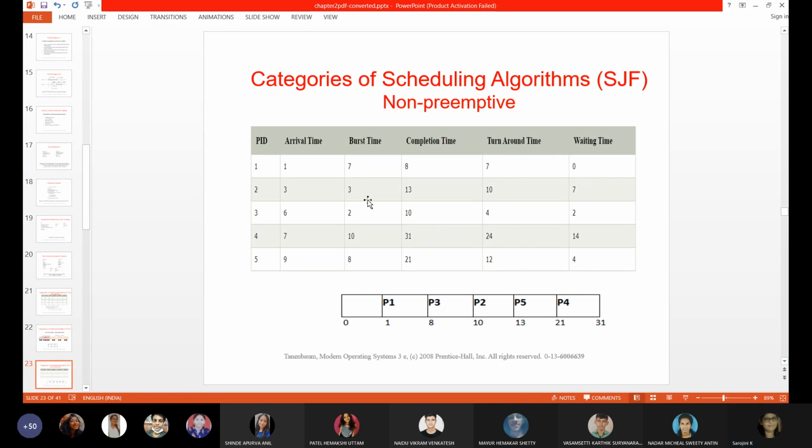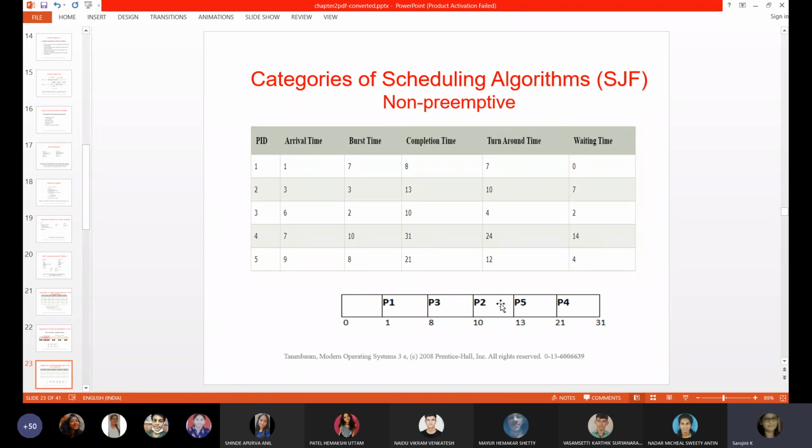Which process will be selected? Process P2 will be selected. Why? Among these 3 processes, process P2 has the shortest CPU burst time. So this will be selected next.